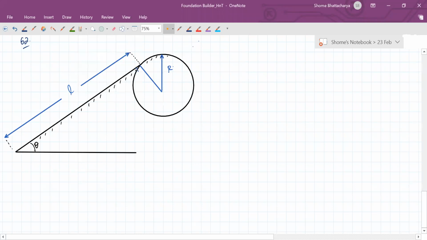So the other thing is that if this angle is theta, that is the angle that the inclined plane is making with the horizontal, then this angle here will be again theta.